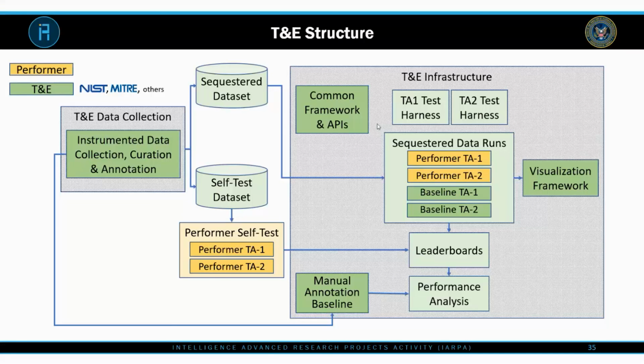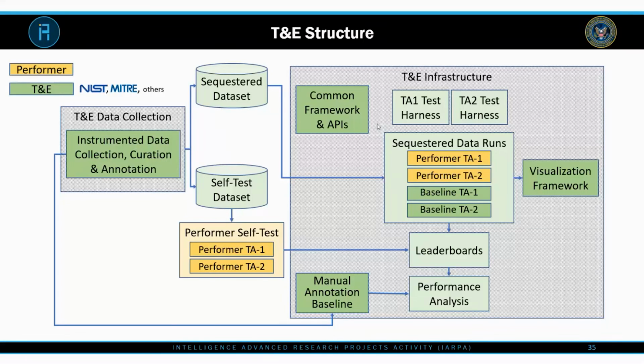There will be two different data sets, a sequestered data set and a self-test data set. For the self-test data set, performers will be able to run their algorithms on their own hardware and submit their results to a T&E scoring server. T&E will have the truth for that data set and will post performance on a leaderboard that will be shared program-wide.